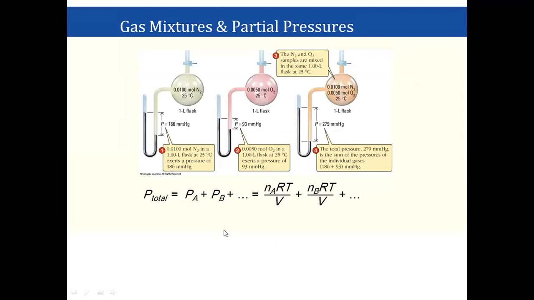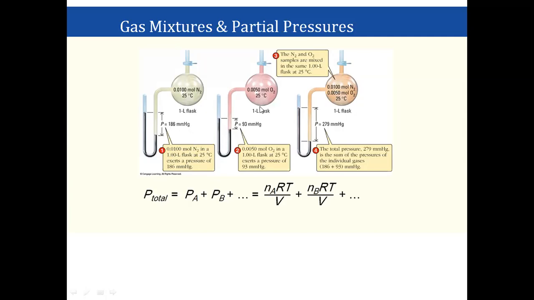In this example, gas A is N2, and we have 0.01 mole of N2 in a 1 liter flask at 25 Celsius, which exerts a pressure of 186 millimeter Hg.